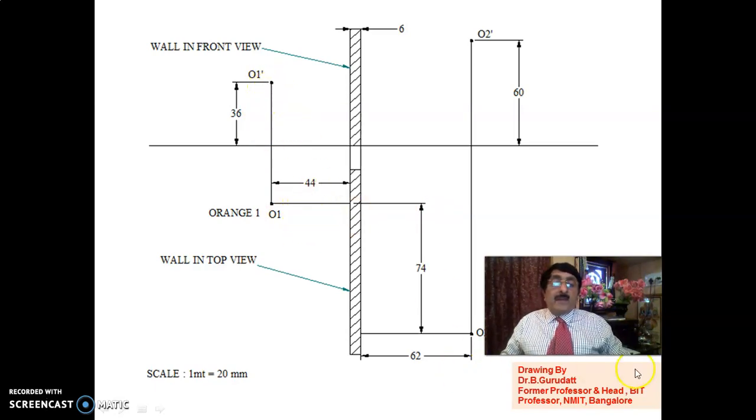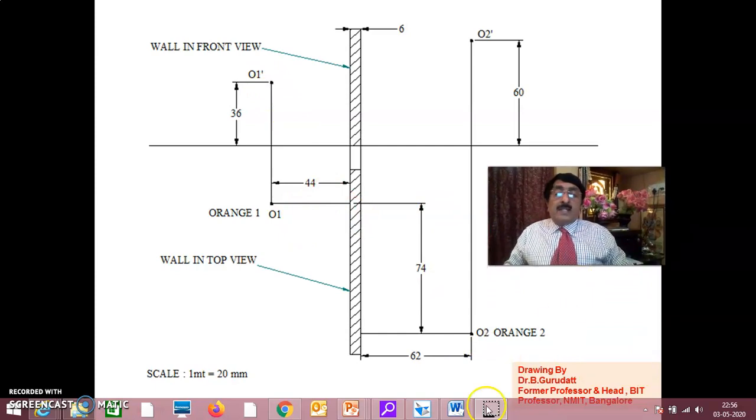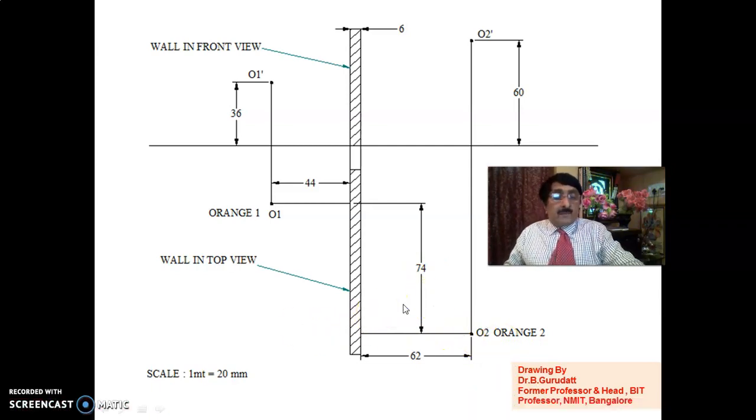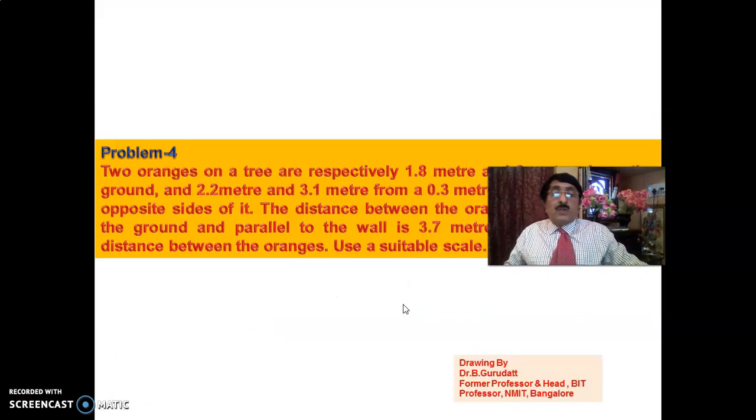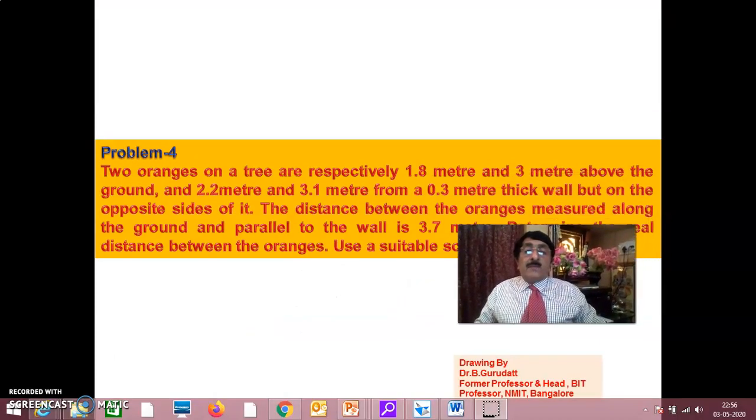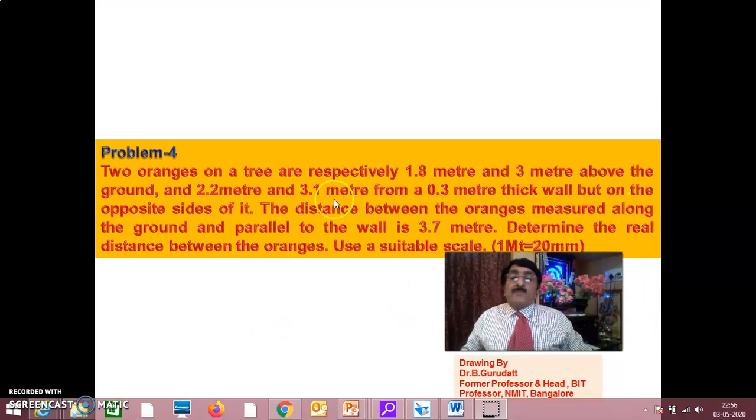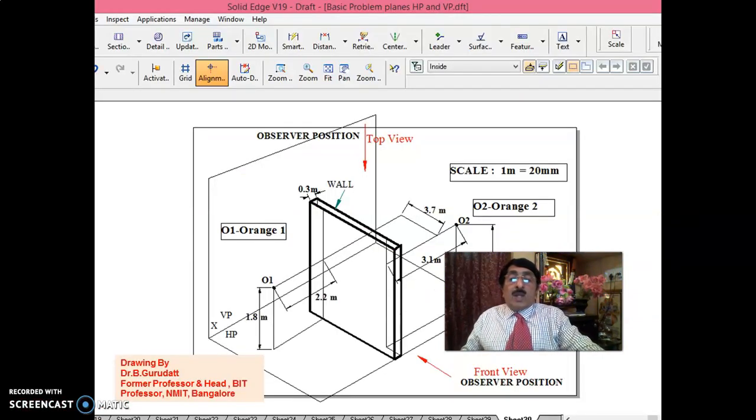In the same way, you see this orange 2. Orange 2, if you see here, it is 3.1 meters from the wall.